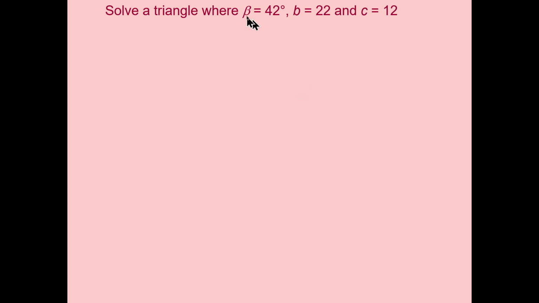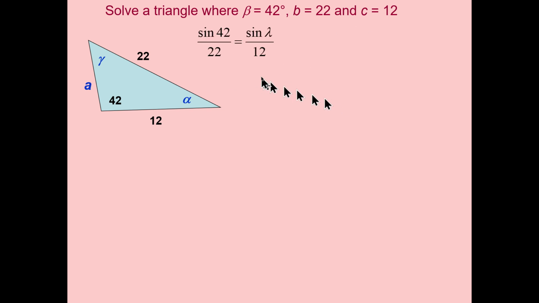Let's look at another case here. Solve a triangle where beta is 42 degrees, B is 22, and C is 12. So you draw a triangle and label it. And you can use the law of sines here. We have 42 and 22, cross multiply and divide.